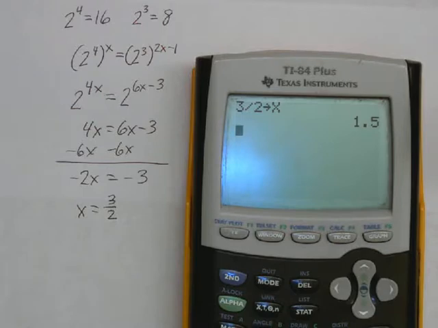So let's check. 16 to the x power is 64. 8 to the power of 2x minus 1 is also 64. So I've checked my answer.